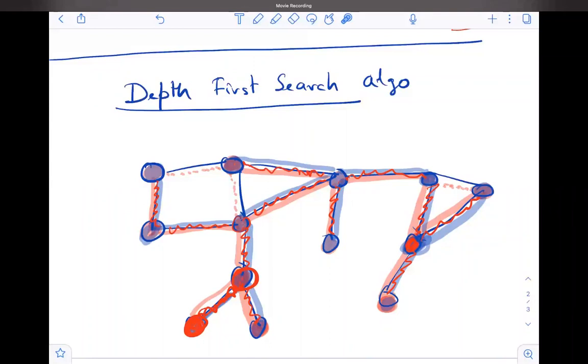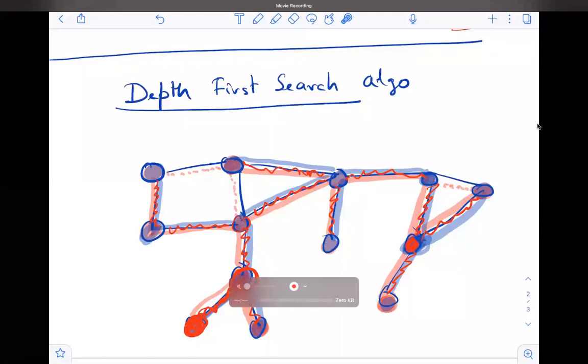Are there any doubts about this? Is there any clarification that you need? Okay. So this is for connected graphs only? Yes.